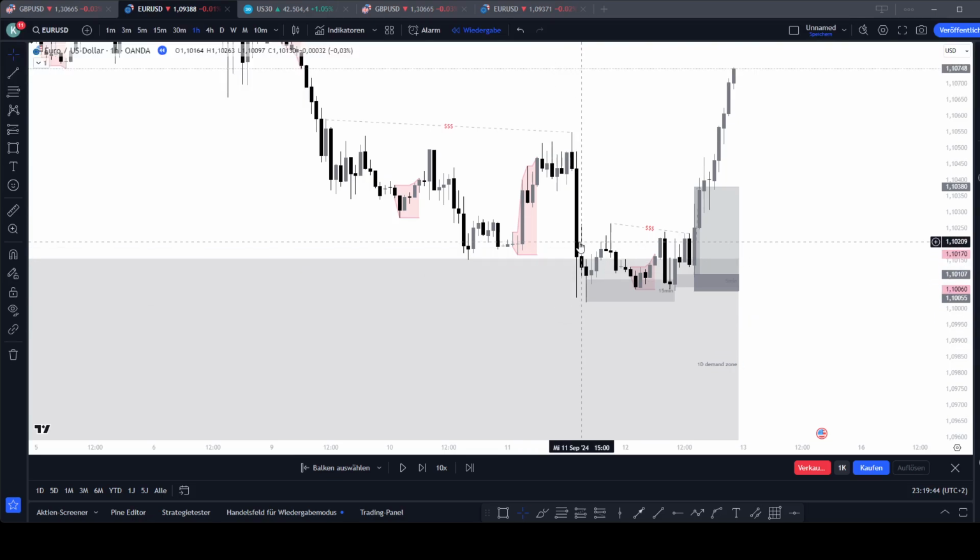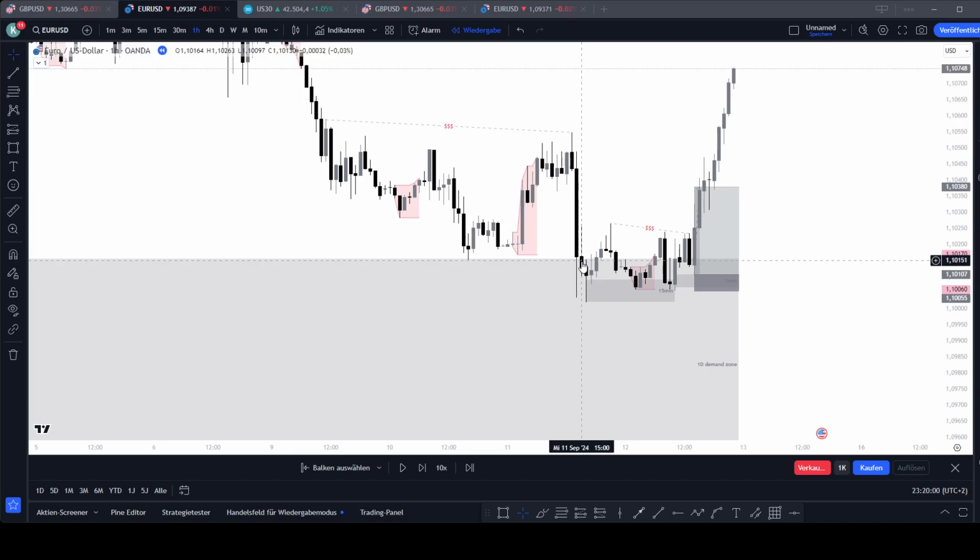Remember, guys, I always taught you a simple concept. Once we see wicks like this, where the candle wick is longer than the candle body, there's a probability that price might go in that direction to fill out this wick.